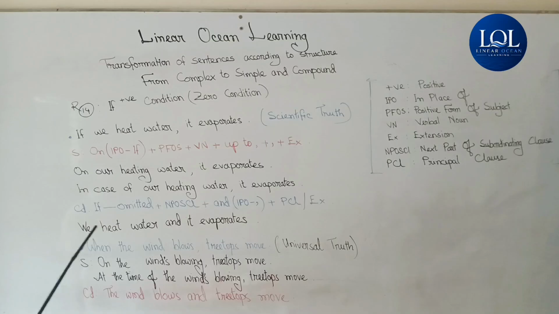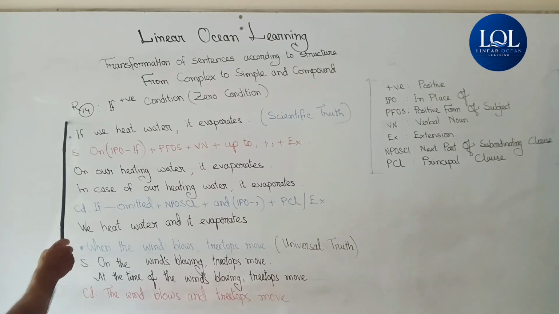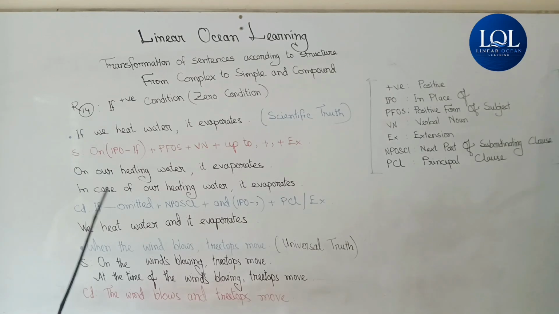Now, if we want to make it compound, the structure to be followed is if omitted. We have to omit the word if, then NPOSCl, it means next part of the subordinating clause.